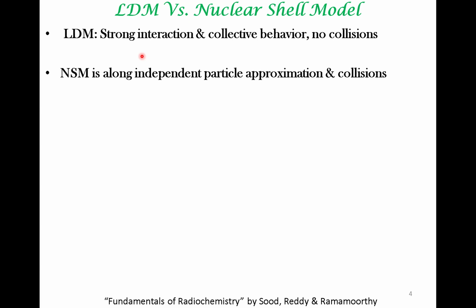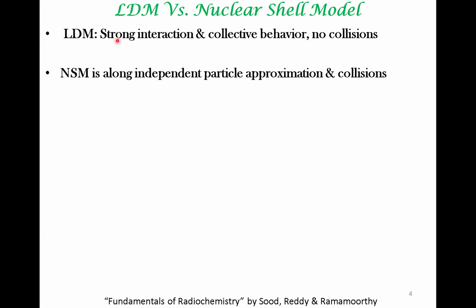So a trajectory which is independent of other particles is not possible. So these two are very different. The liquid drop model is suggestive of condensed matter. This nuclear shell model, you will see, is suggestive of low density gases. So both these models you would see are going to be very effective in explaining observations.